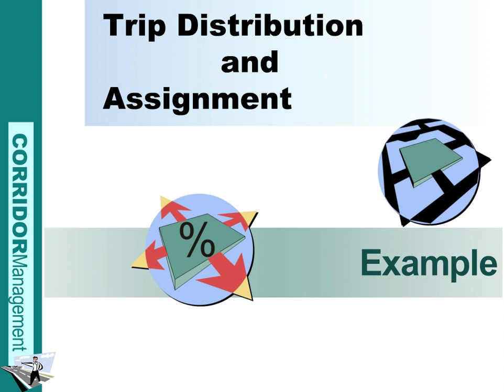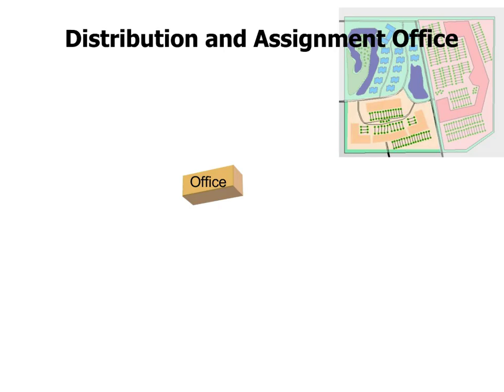I'm going to show one example of how this works, and we'll simplify it. This is the office in that development. There were 670 external trips, and they came from the last PowerPoint presentation before this. And we see those cardinal directions.